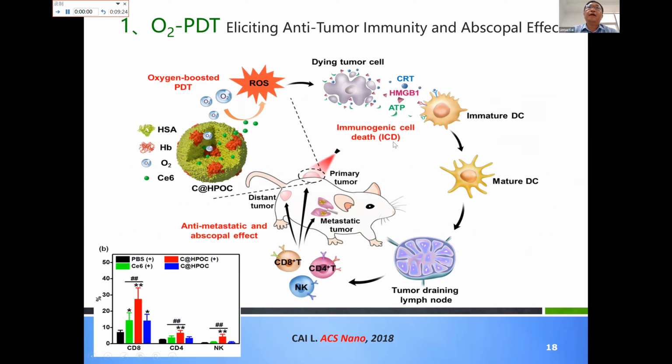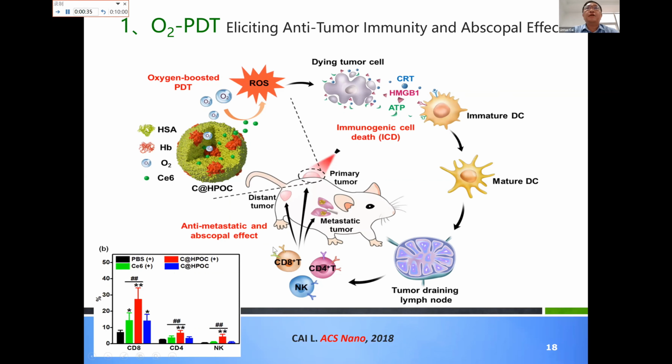So we use different cancer cell membranes, such as using oxygen and PDT, to make the tumor cells die, and then introduce immunogenic cell death, this ICD process, and these three markers can mature the DC and also improve our CD4, CD8 and NK cells, and then introduce our activation. It is the immunity.